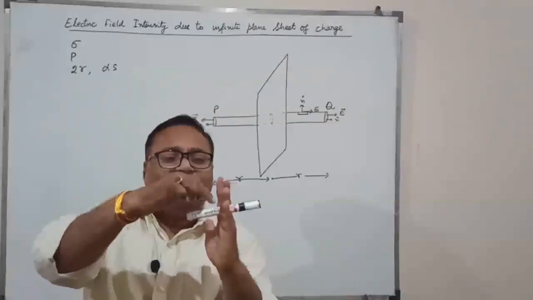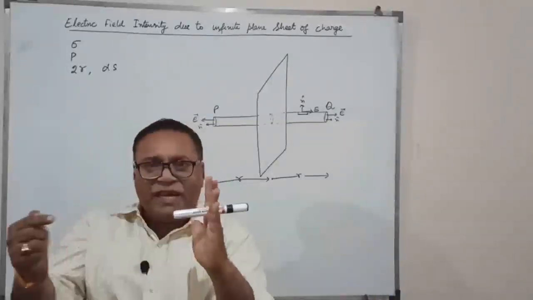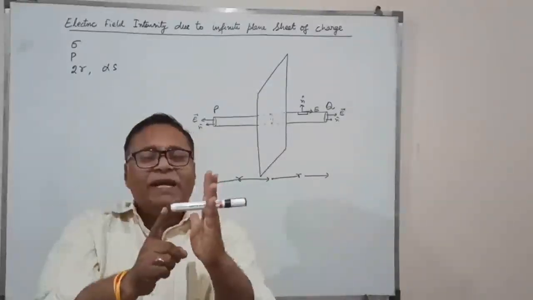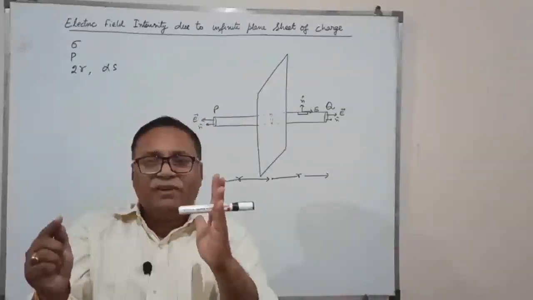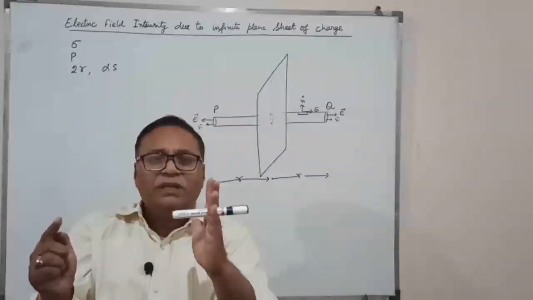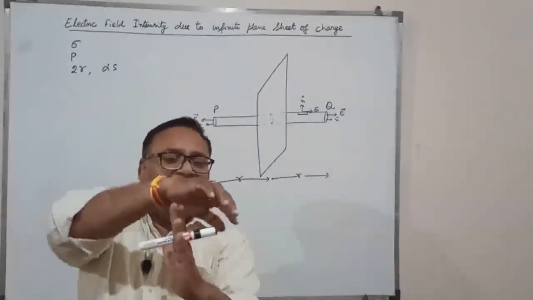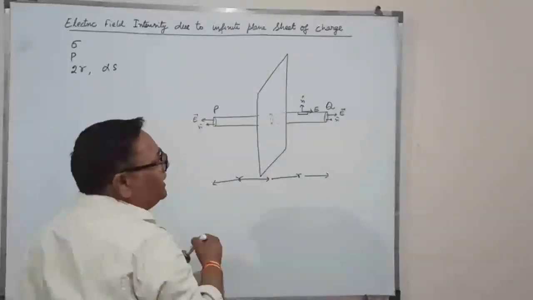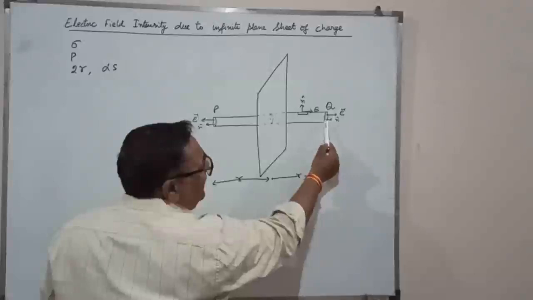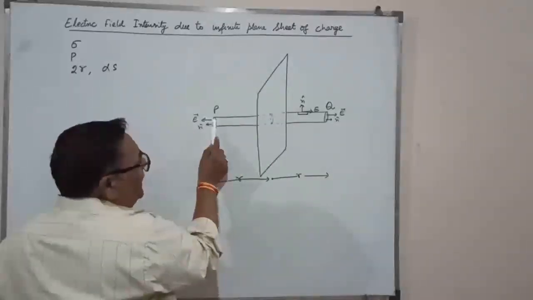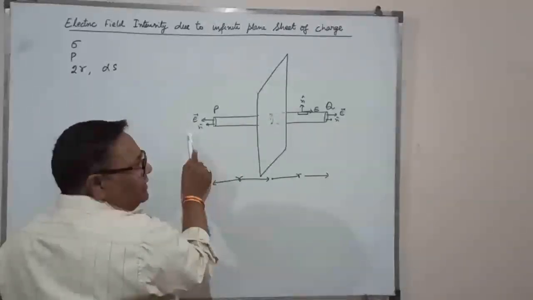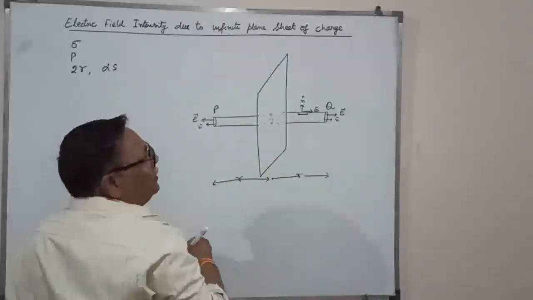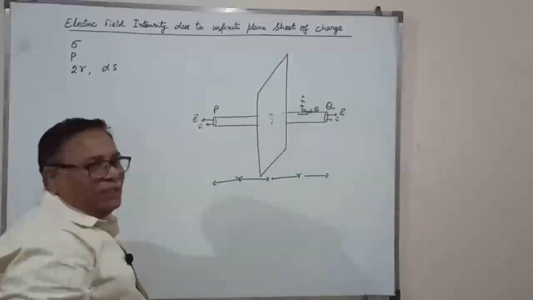This is the direction of electric field intensity this side, and this is the area vector perpendicular to the surface, and at the other end this is the electric field intensity, and this is also its direction. At the ends, electric field intensity and area vector are in the same direction, and at the curved surface electric field intensity and area vector are perpendicular to each other.